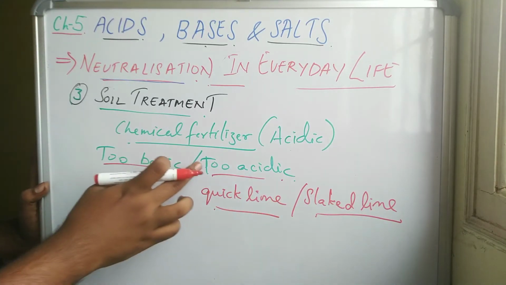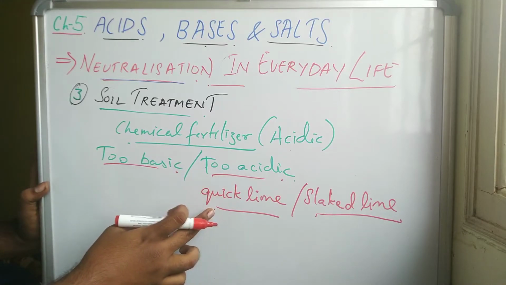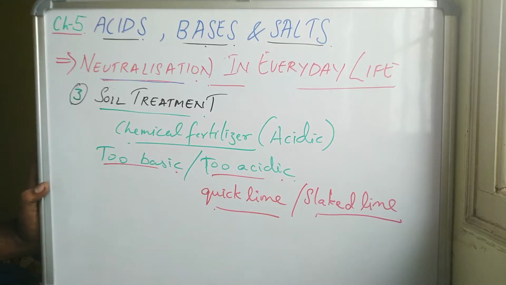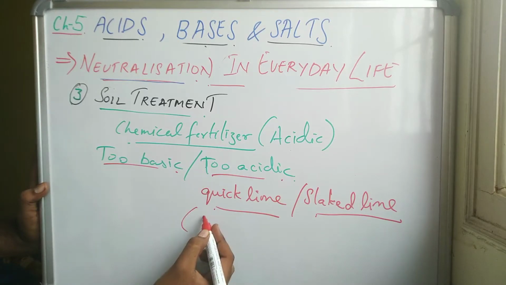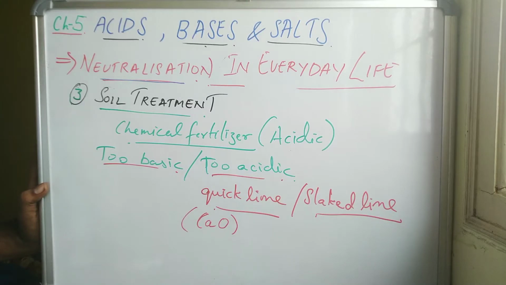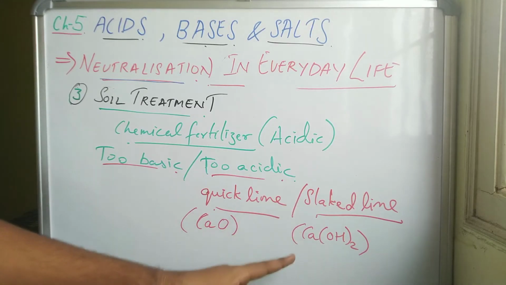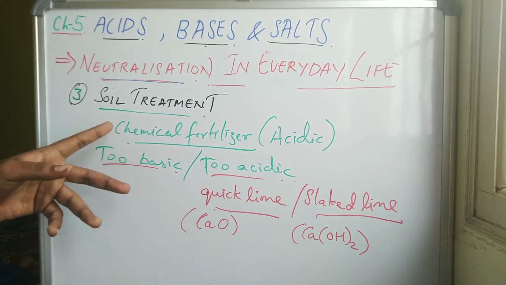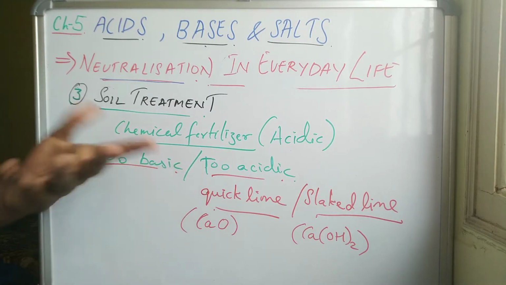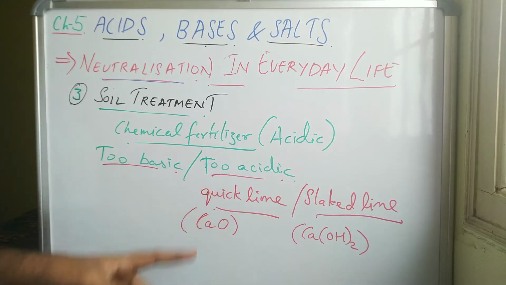Quicklime's chemical name is calcium oxide, and slaked lime is calcium hydroxide. So when the soil contains too much acid, we have to treat it with quicklime as well as slaked lime.